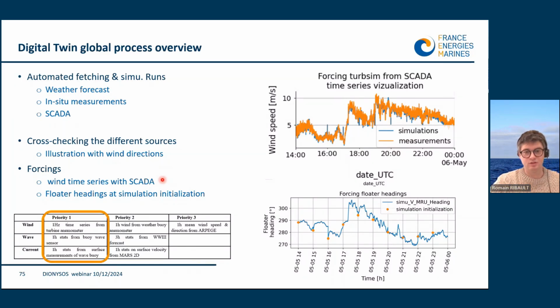So we input and force the 1 Hertz measurements of wind into the software, and also we force at each beginning of the simulation the floater heading and the nacelle heading to match it better with a measurement. This is very important, especially when you have, for example, low wind, and several headings can come here.